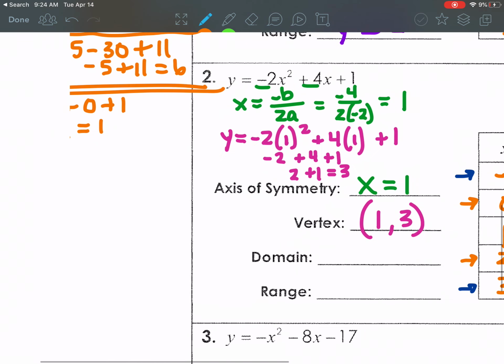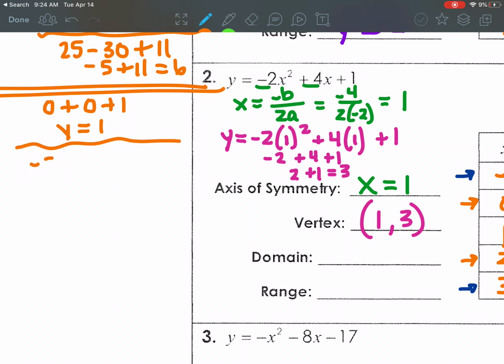There we go. Do the same thing with 2. So let's see, -2 times 2 squared. This should be the same as when x is 0. So 2 squared is 4. 4 times -2 is -8. Plus 4 times 2 is 8.